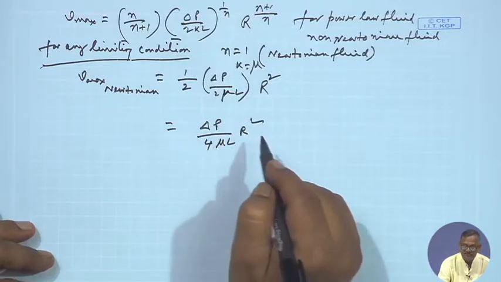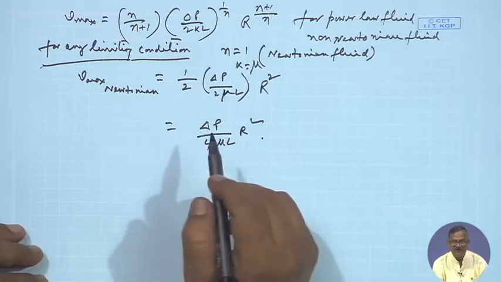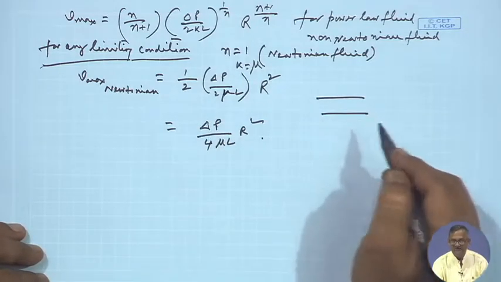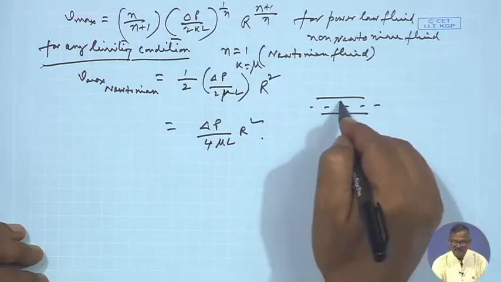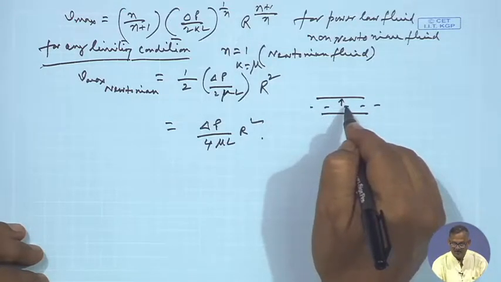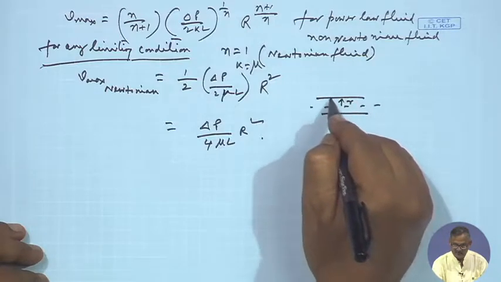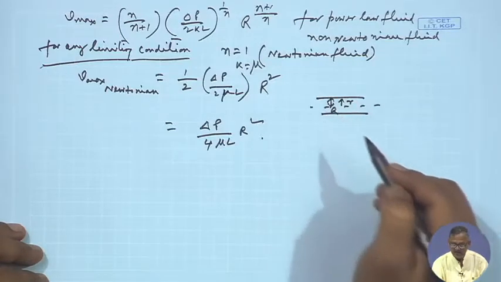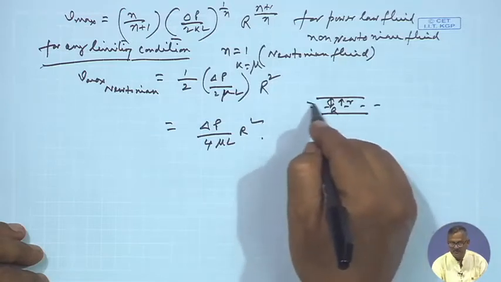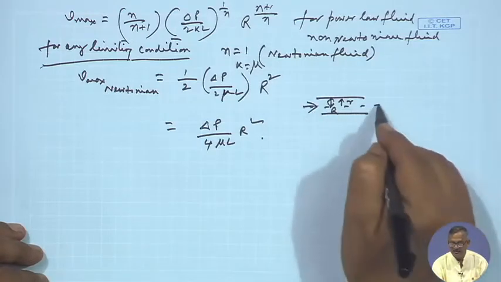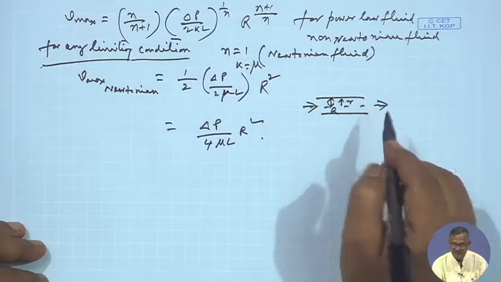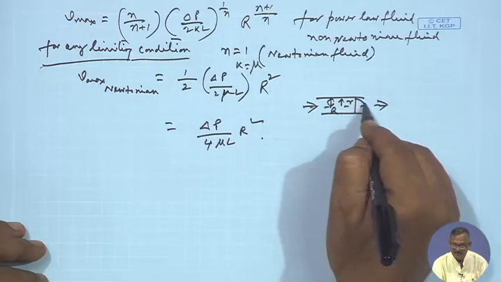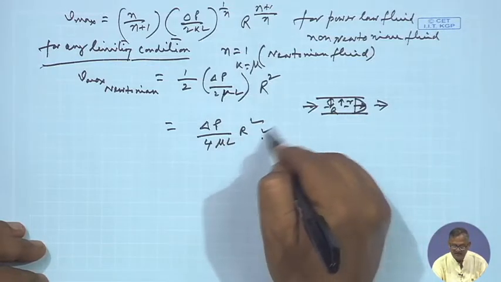So, that is corresponding to the Newtonian fluid flowing through a pipe. This we have done earlier. So, this is r and this is capital R, and flow is taking place in this direction, and velocity profile is like this, and the maximum velocity is this.